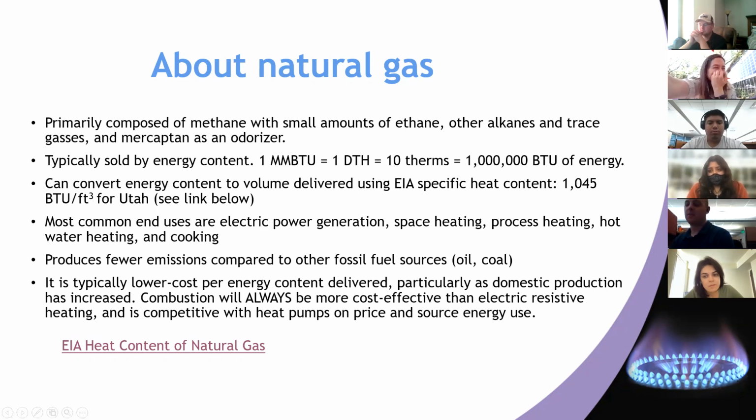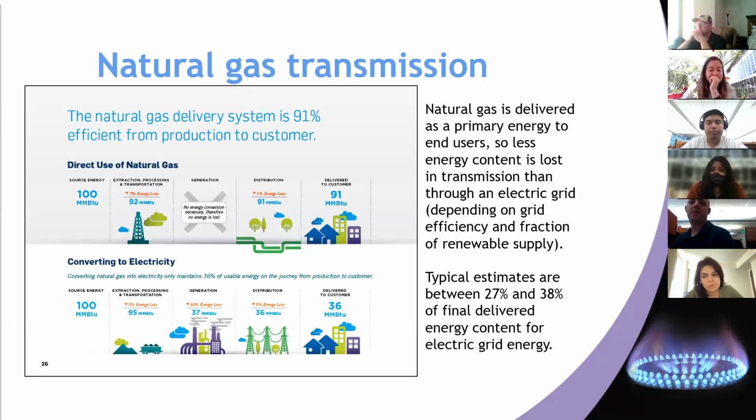There is a technology called a heat pump that makes electricity pretty competitive with natural gas for heating, but that's still an emerging field. So part of the reason why natural gas is a little bit easier to work with for heating is that it's a primary energy source that's delivered directly to the consumer.